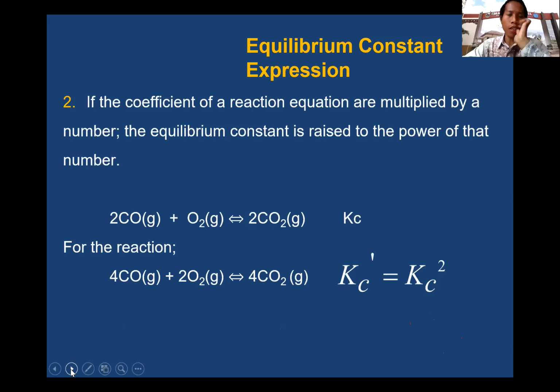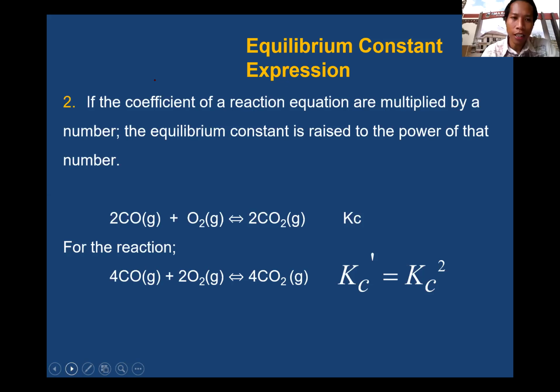Now, the second one: if the coefficients of the reaction are multiplied by a number, then the equilibrium constant is raised to the power of that number. Remember, in delta H, when you multiply the reaction, the delta H also will be multiplied, isn't it? Yes. In delta H it is like that, but in Kc it's different.